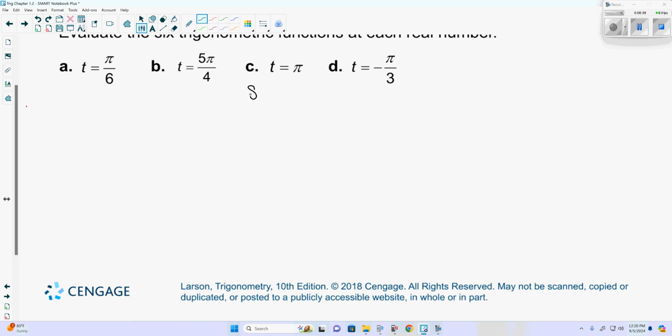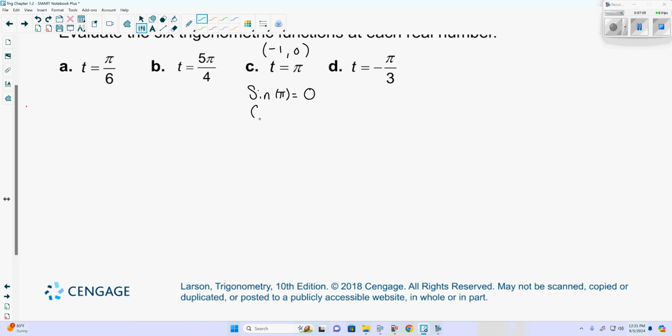So we're looking at sine of pi, cosine of pi. Well, pi is the point negative 1, 0. So for our y value, y is 0. So sine of pi is 0.